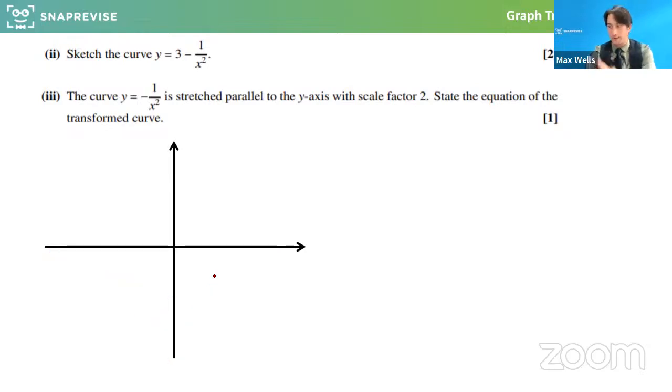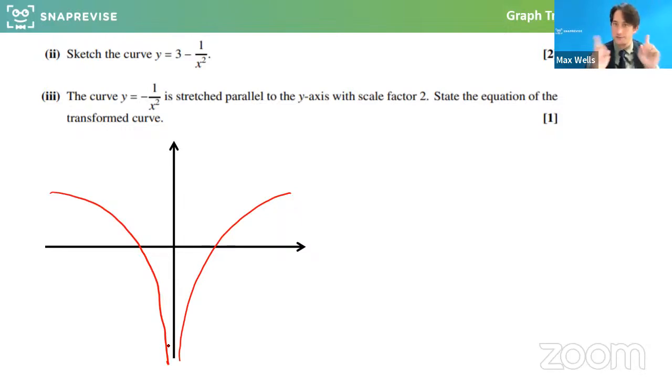Very close. Okay. You are absolutely right. That's a really good suggestion, and I'm going to talk about that. It is a translation of 3 units. Yes, vertically. So it will look like this. So I'll show you how the one we suggested would be written, because they are so easy to confuse. But thank you for that suggestion. It's up here. Yes, the asymptote moves up by 3. If we wanted to move it 3 units to the left, that would be something like this.